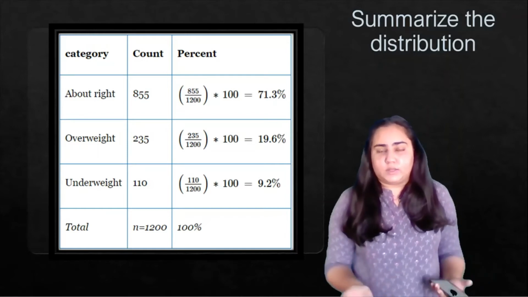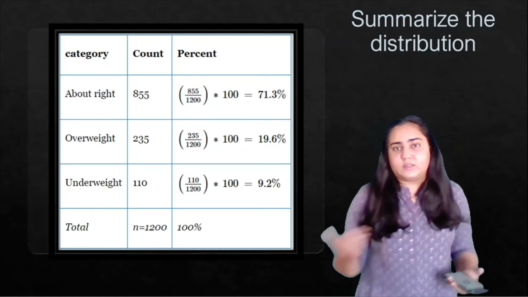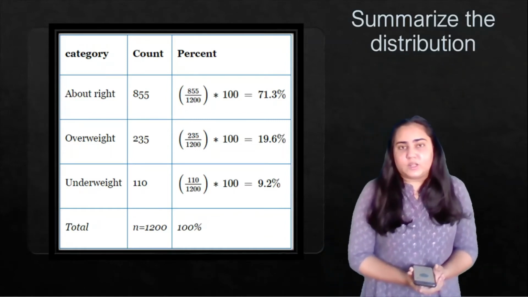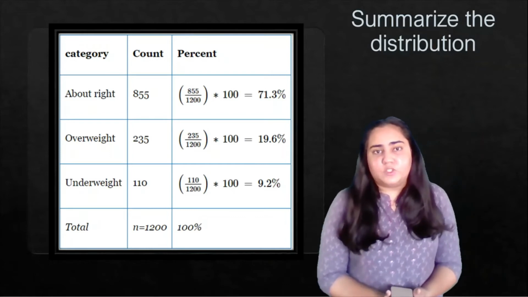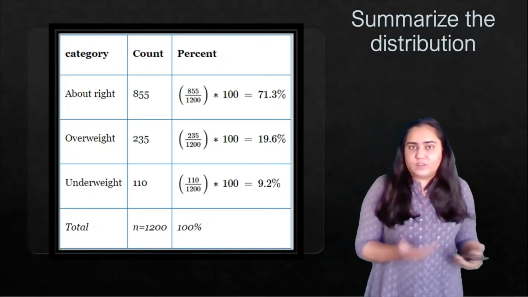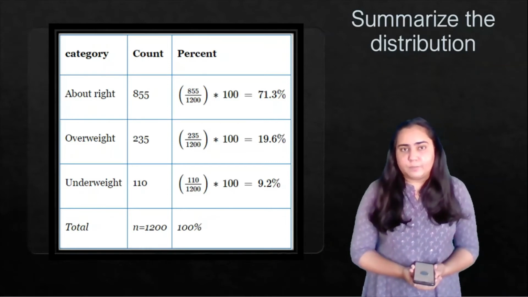This is a really high percentage of students who feel they are about right. And then the percentage of people who feel they're overweight is coming out to be 19.6%, because the count of such people is 235, which you can divide by 1200 and multiply by 100 to get the percentage.